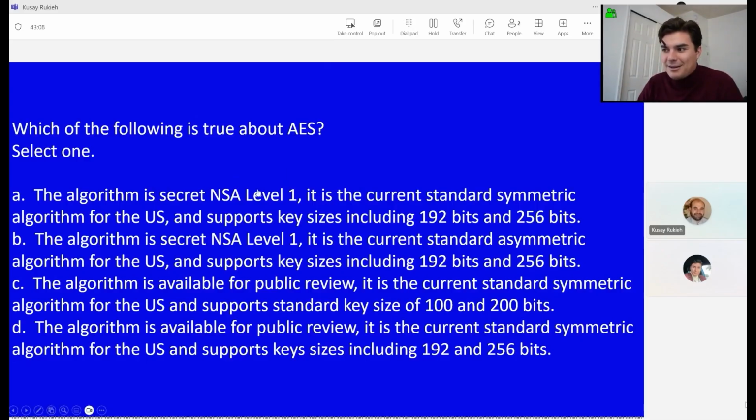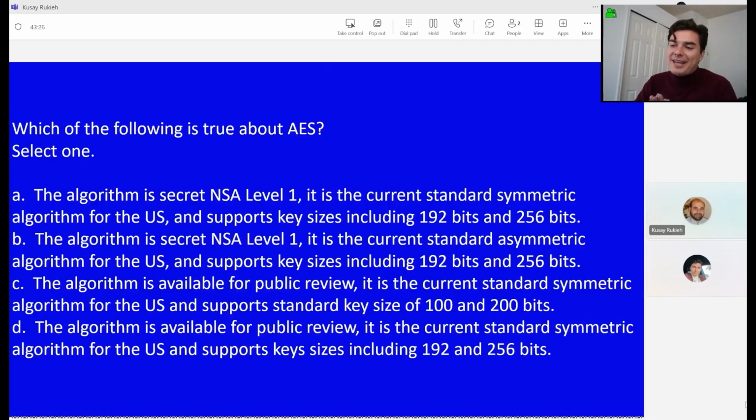Is it NSA level one? I thought so. Is it secret? No, it's not. So everyone has access to this. NSA level 1 means only they have access, right? Exactly. It's not publicly published.